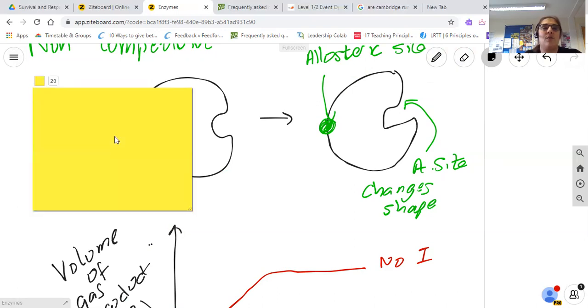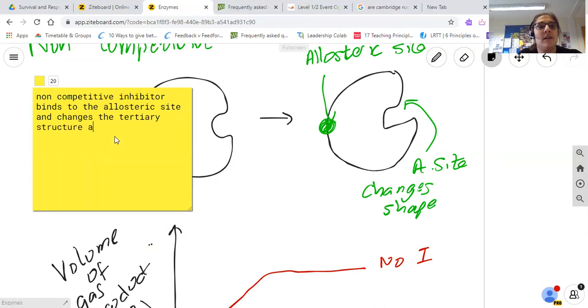Okay, if we were trying to describe it, we would say a non-competitive inhibitor binds to the allosteric site and changes the tertiary structure and active site.